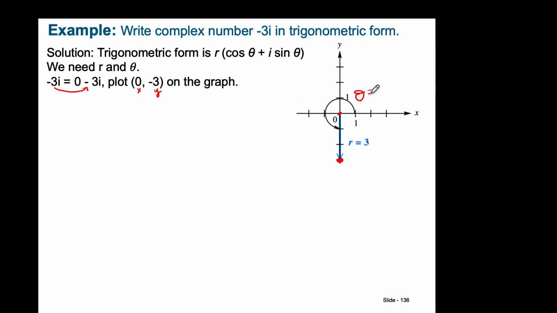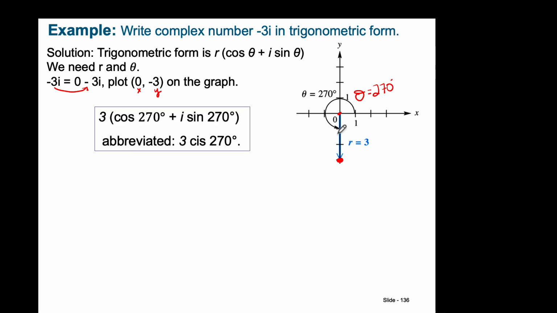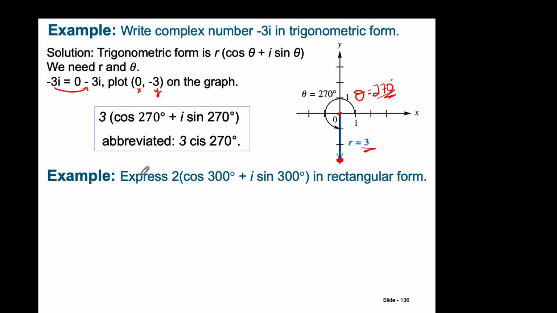And for theta, if you said 270 degrees, you got that right as well. That is because the terminal side lands on the bottom of the y-axis right here. That is a 270 degree rotation from the initial side. So we take the 3 and the 270. Abbreviated form is just 3 cis 270 degrees. Please pause the video and try this example now.